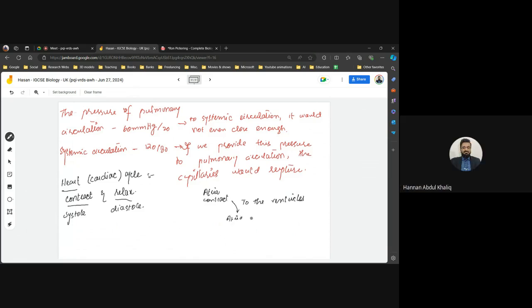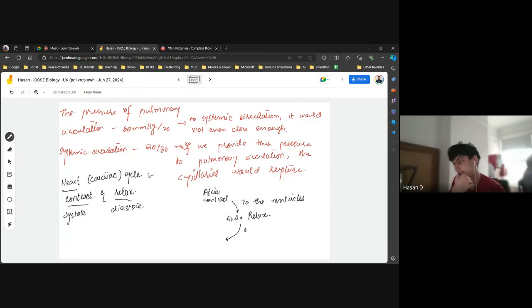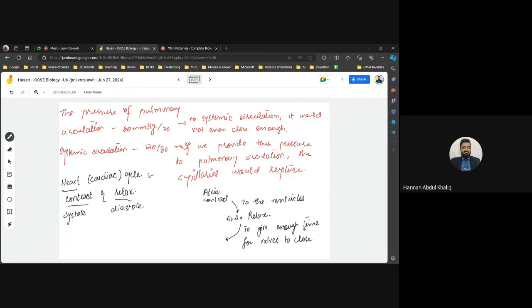Why would you think that the atria should relax first before ventricular contraction? The atrial relaxation would provide enough time for the valves to close.